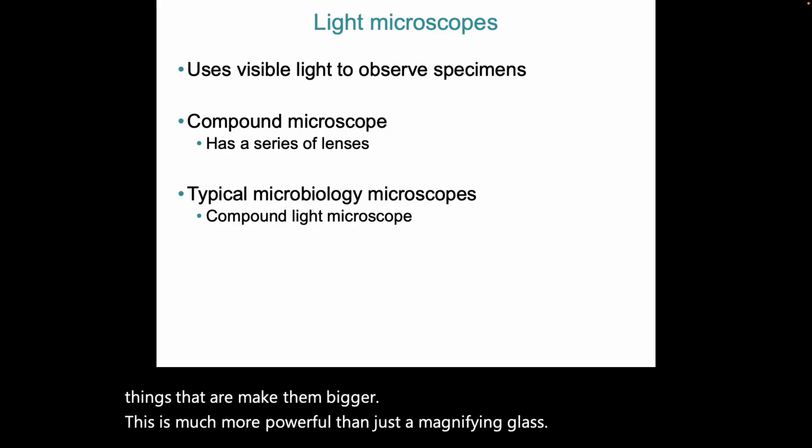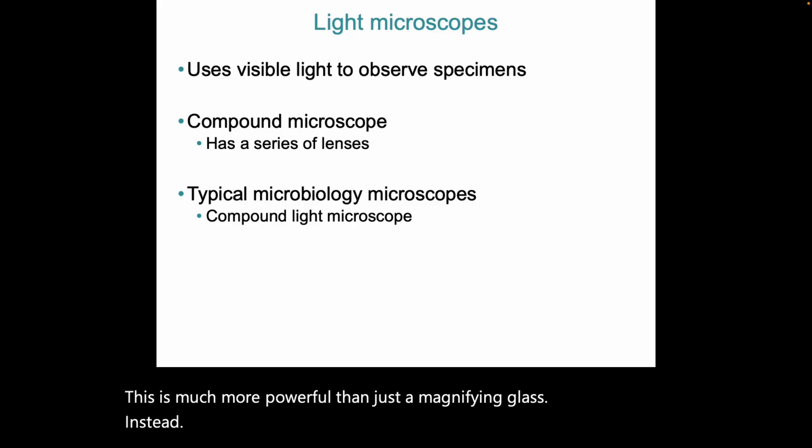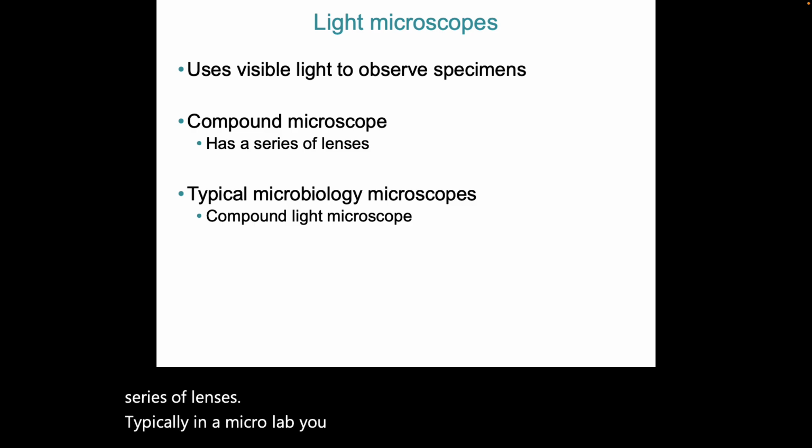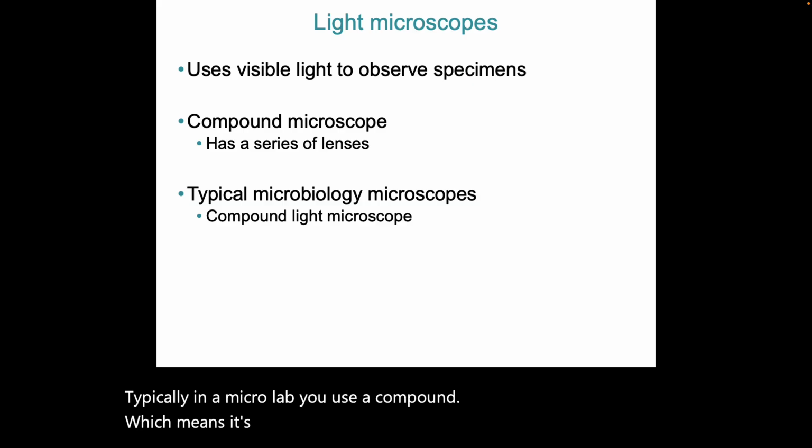Instead, what we use to get even better magnification so that we can see even smaller things is a compound microscope. So a compound microscope has a series of lenses. Typically, in a micro lab, you use a compound light microscope, which means it's a microscope that has multiple lenses.